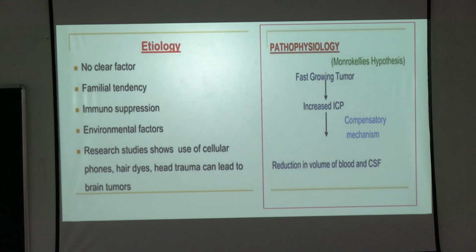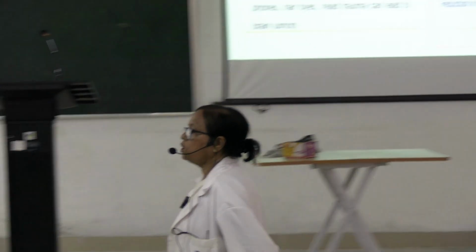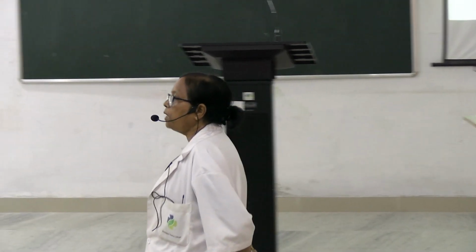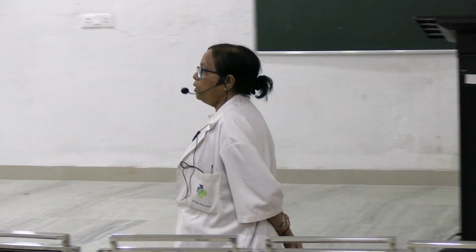And what happens? When the tumors are produced they give rise to a space occupying lesion, which causes obstruction in the CSF flow and obstruction of the blood vessels, and gives rise to hemorrhage and necrosis due to congestion. CSF obstruction gives rise to hydrocephalus, then the congested blood vessels give rise to edema, and this congestion gives rise to papilledema.